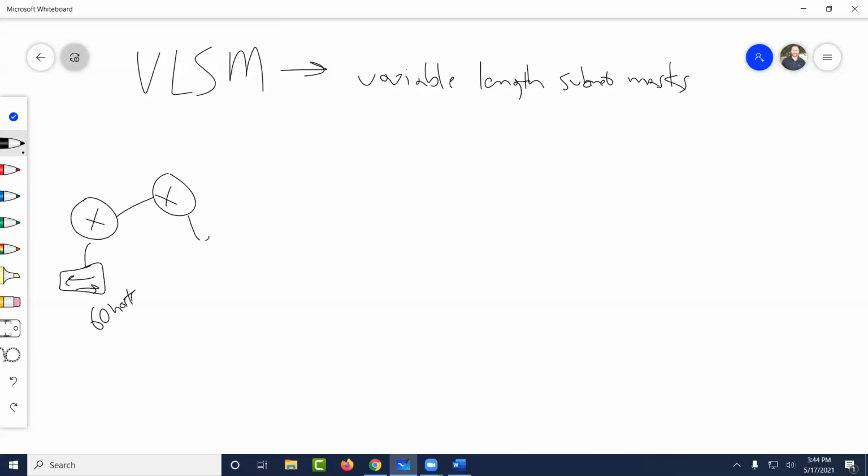And then over here, we're going to have 10 hosts. How many hosts do we have right here? There are 2 hosts here because that's a point-to-point link, right? Okay. Yeah. So point-to-point link.